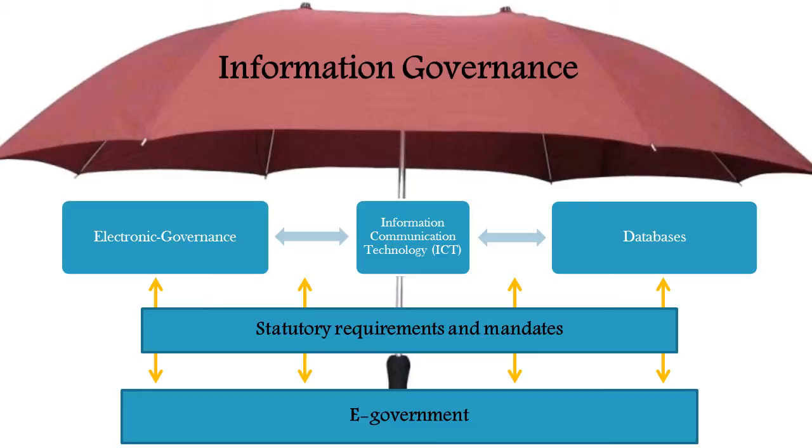At the bottom here I have e-government, which is the overall structure, and I've put statutory requirements and mandates in the middle because these processes have to negotiate through the laws and mandates.